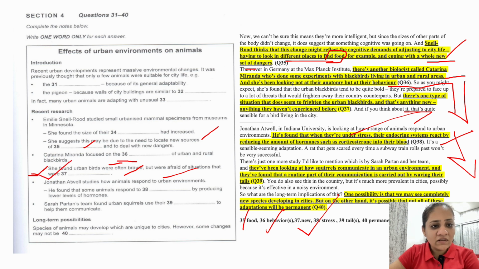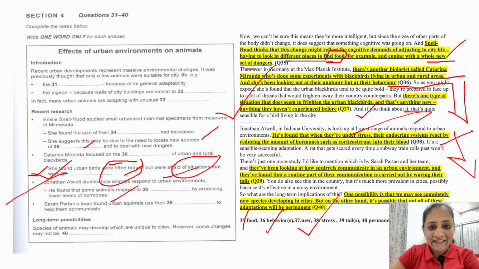Initially we have to focus on the brave birds and the situations they're afraid of. I have to read this line: one type of situation that does seem to frighten the urban blackbirds is anything new, anything they haven't experienced before. So the answer to 37 is new, because they haven't experienced something new before.